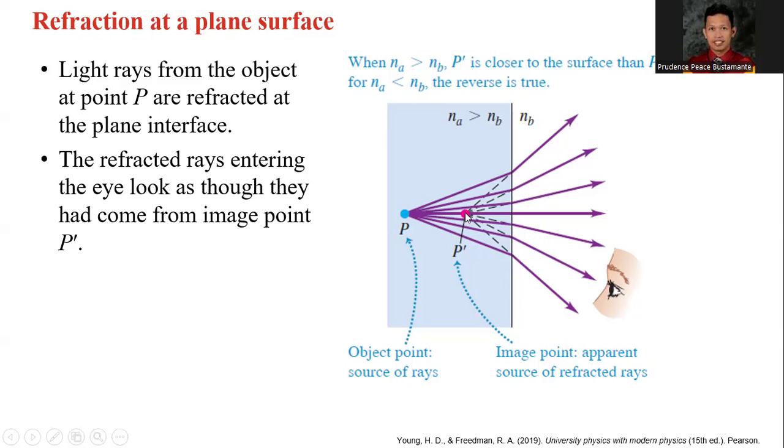This is where the image point is located. We have an object point, the source of the rays, and we have the image point, the apparent source of the refracted rays. Take note that in this case, n_a is greater than n_b.